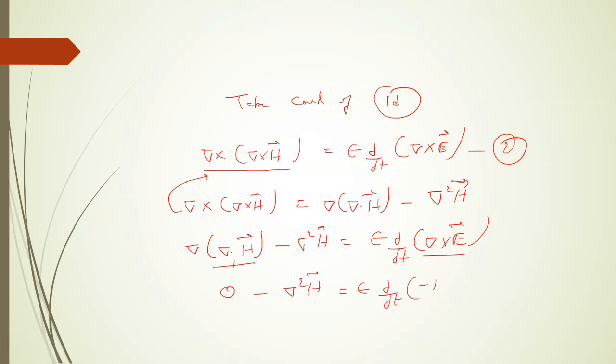Del cross E is minus mu curly H by curly T. So the minus and minus signs cancel out, and this will become del square H equals mu epsilon d square H by dt square.